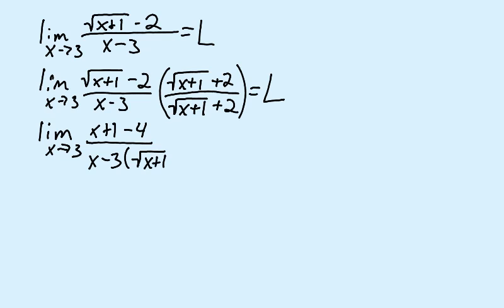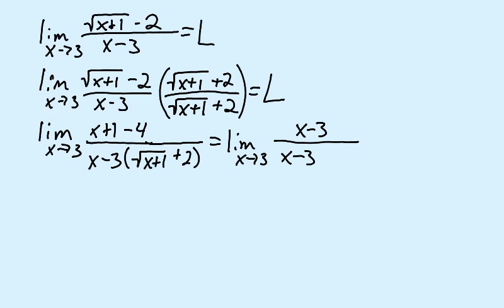Notice I'm still keeping my factors separate because the goal of the whole thing is to be able to cancel out some factor. I get x minus 3 on the top, and this will cancel out nicely with the x minus 3 on bottom. I forgot to put parentheses, so I went ahead and did that.